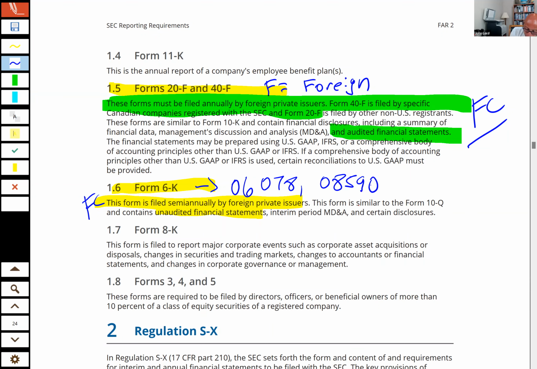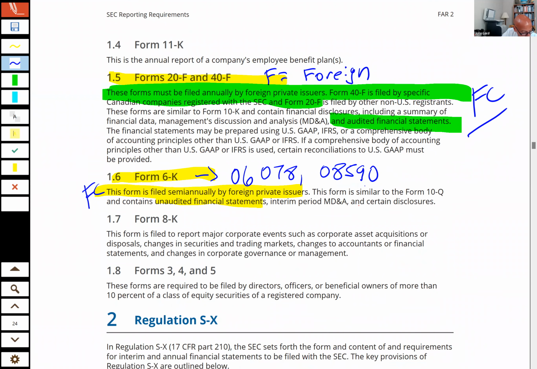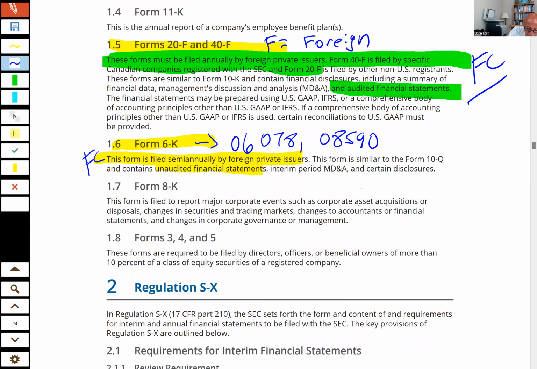08590. Okay, and then we have these 8-K forms. This one starts to get outside of financial information. Even though it does talk about things like asset acquisitions, disposals, changes in securities and trading market, changes to financial statements, so they're still kind of dealing with financial statements, but it's more things like changes in corporate governance.